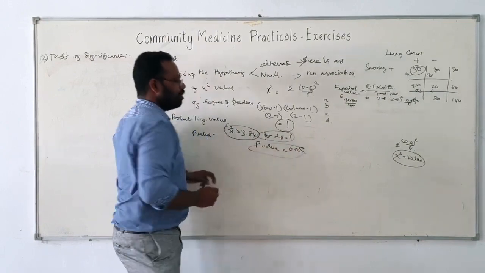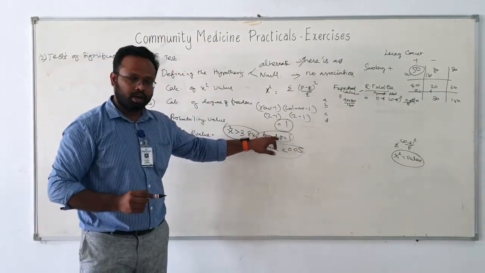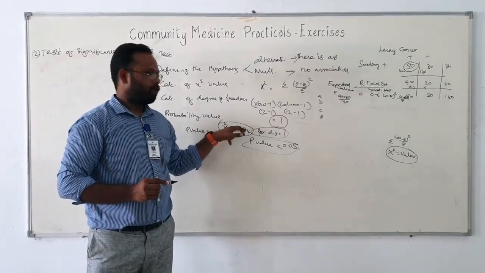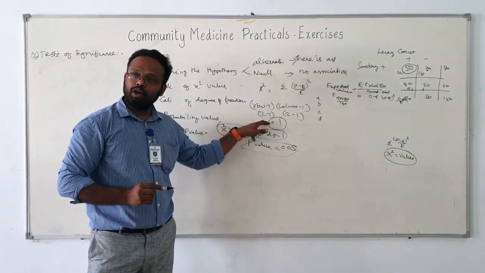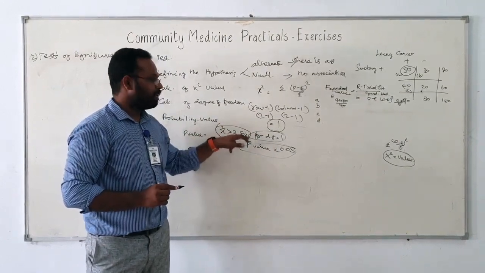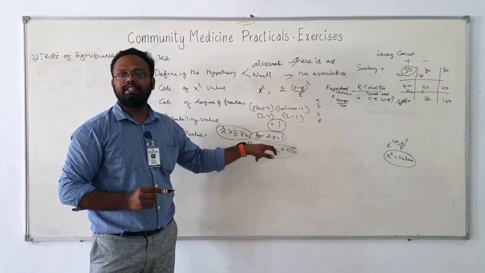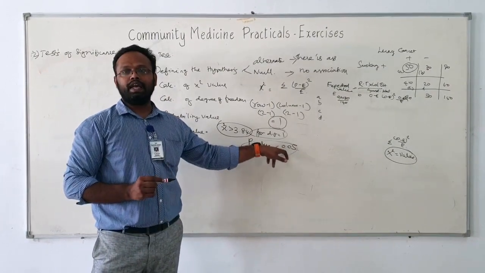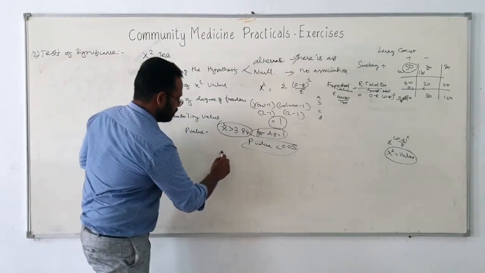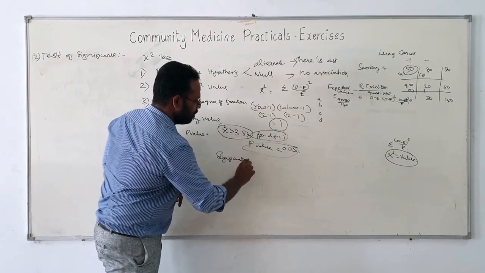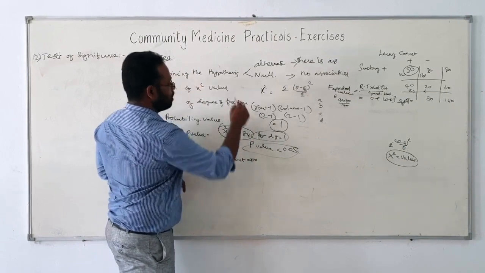For degree of freedom 1, when the chi-square value is greater than 3.84, or otherwise in any 2 by 2 table you get chi-square value greater than 3.84, then the p-value is going to be less than 0.05. P-value less than 0.05 indicates that there is a significant association between your variables.